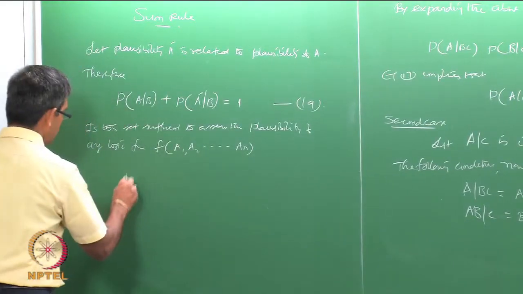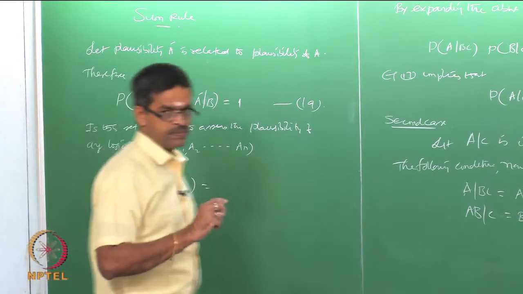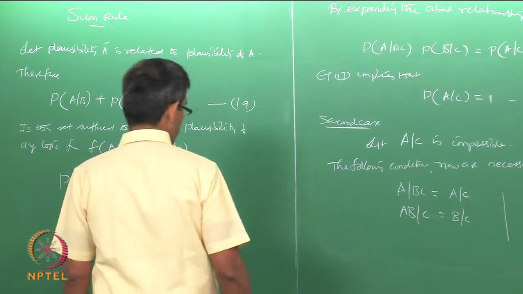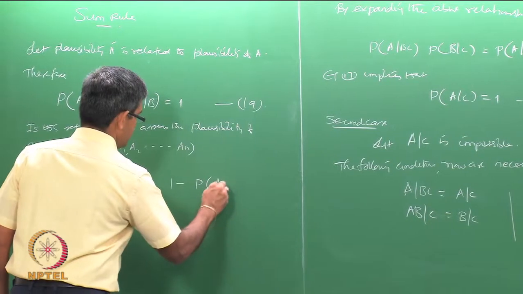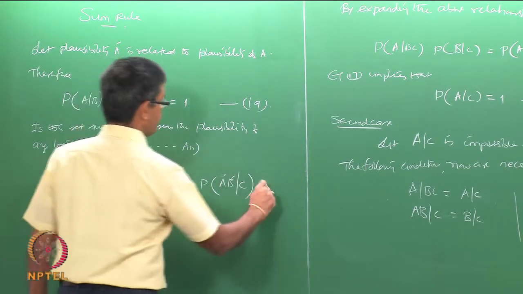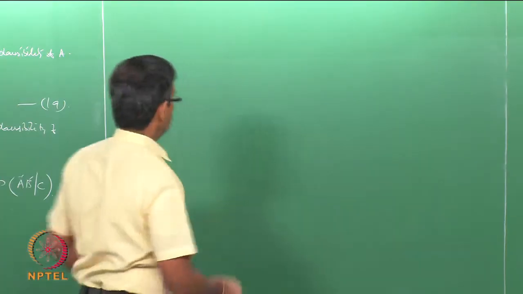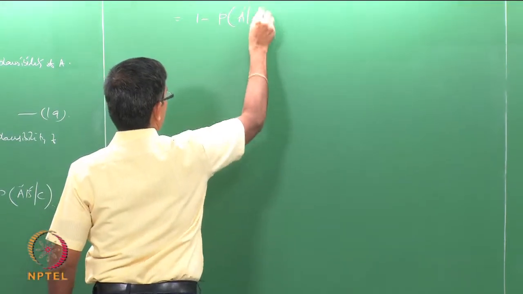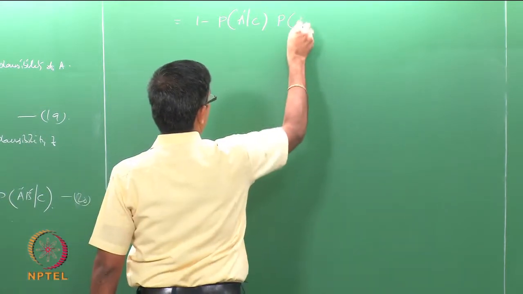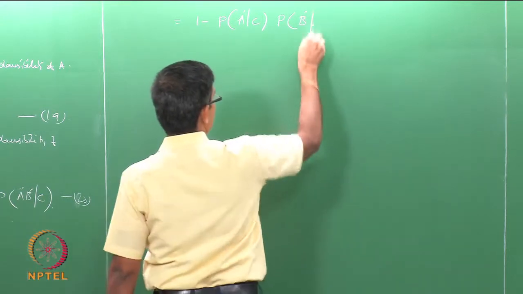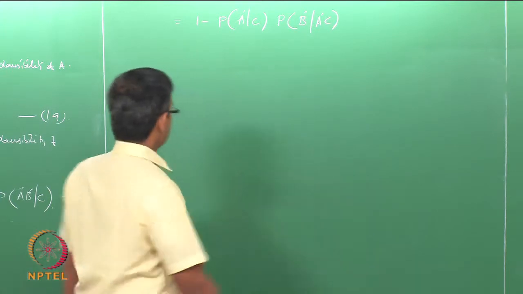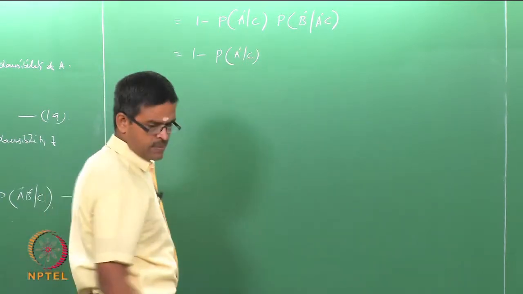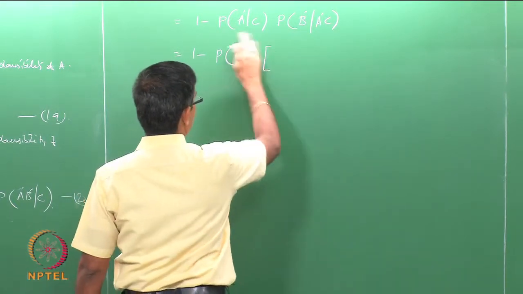Let us say probability of A plus B given C is of course 1 minus probability of A hat B hat given C. Which can be said as 1 minus probability of A hat given C, probability of B hat given A hat C, which is expanded as 1 minus probability of A hat given C, because I am having commonness in this, I am trying to take it out.